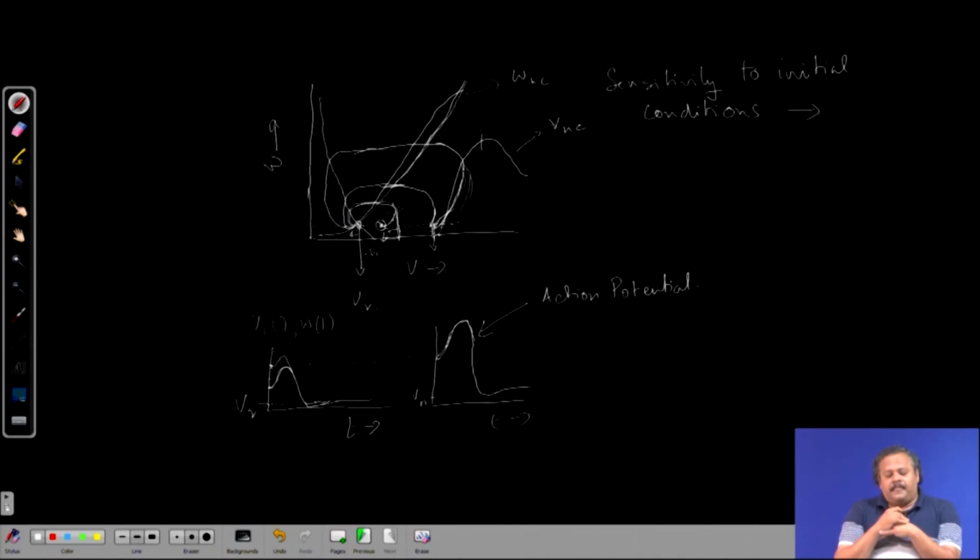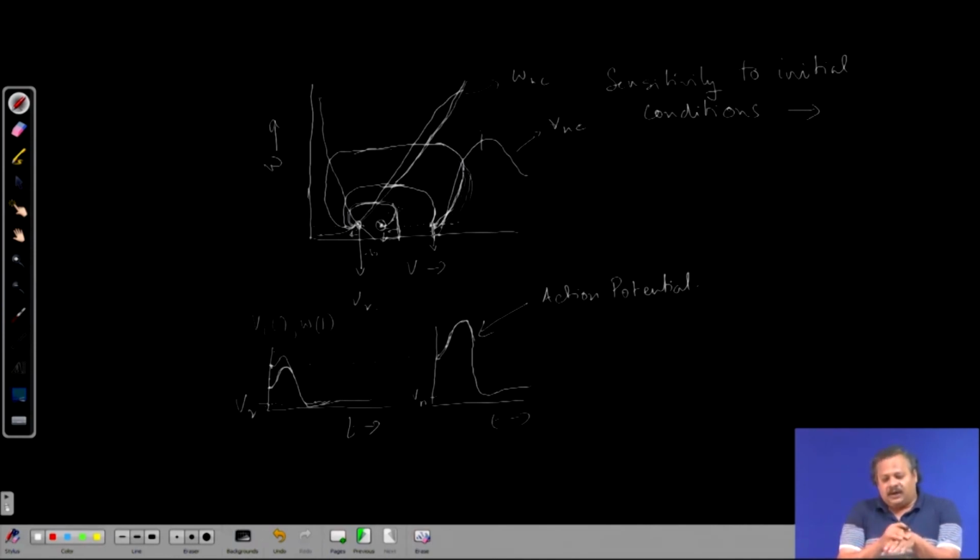But for a true threshold, if we go infinitesimally to the left side or the right side, we should keep on getting the exact 2 different behaviors. So, that would be a true threshold, and in order to have that true threshold behavior, we must have the kinetics of M, which is missing here.